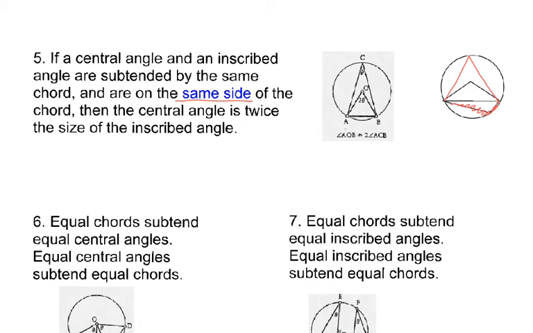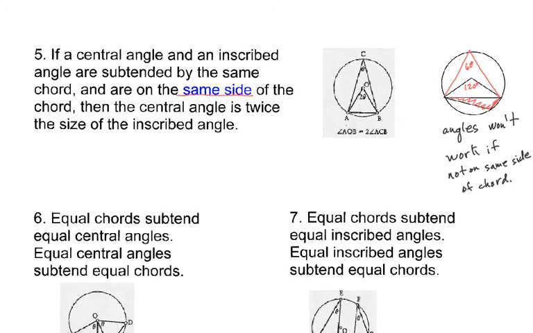And if this was, say, 120 degrees, this angle here would be 60 degrees. But you need to make sure that those two angles are on the same side of this chord that both of these angles touch. So with idea number 5, you need to make sure that the angles are on the same side of the chord, or the whole thing just doesn't work.